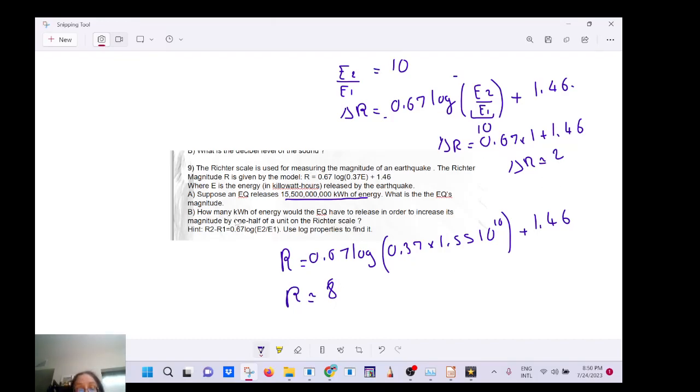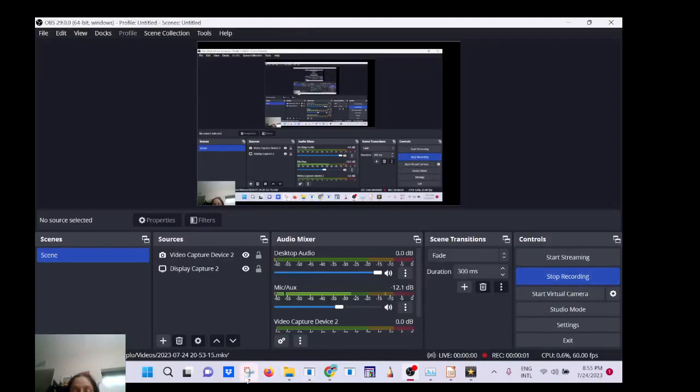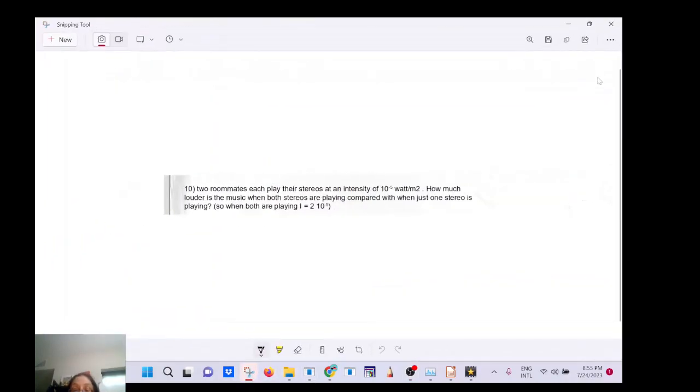Okay, so let's do the next one. You have 2 roommates, and each of them has a stereo, and the energy flowing per unit second per unit area is 10 to the negative 5 watt per meter squared.